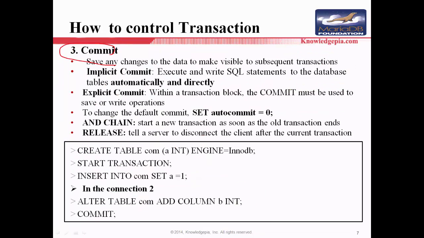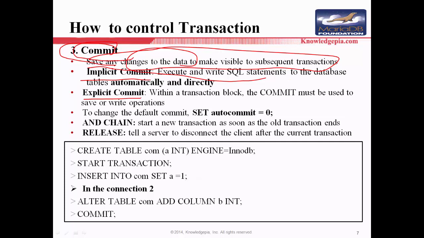Commit means save any changes to the data to make them visible to subsequent transactions. So if you don't use commit, other transactions cannot see this changed data. There are two kinds of commit: implicit commit and explicit commit. Implicit commit means the SQL statement is executed and written to the database tables automatically and directly, even if we don't use the command commit.